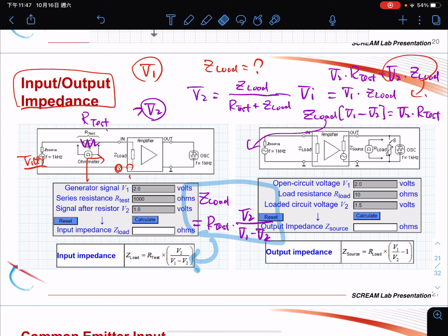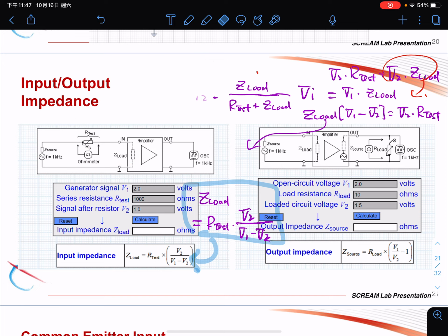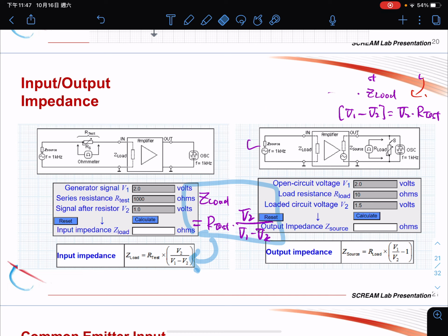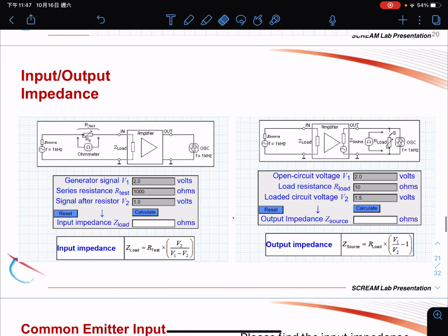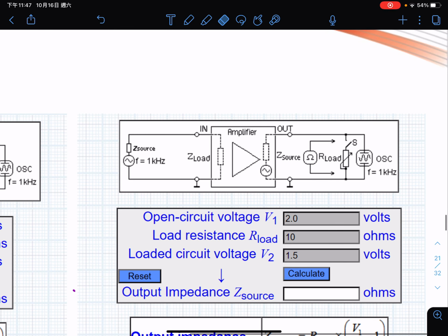Let me erase that. Let me talk about the output impedance. Same thing, we can calculate the output impedance. Here, this is our amplifier, and after the signal passes through here, we have the output. This is our signal. But every signal source has an output impedance we call Z source.